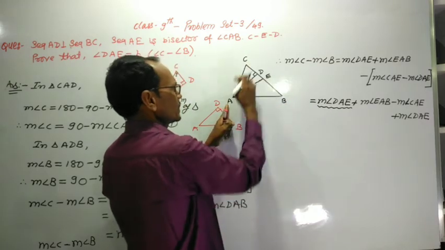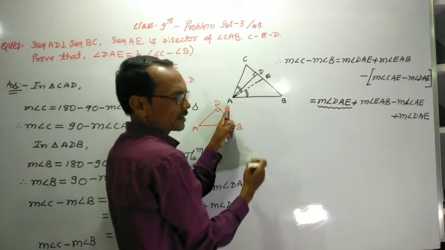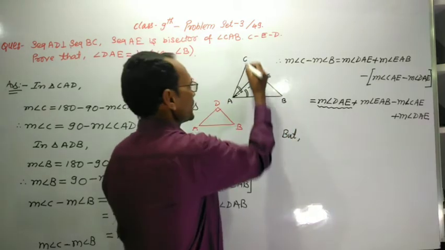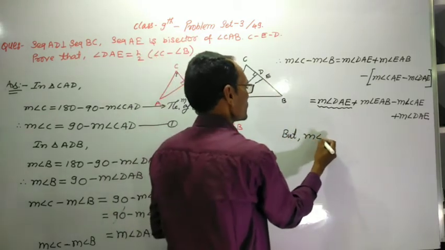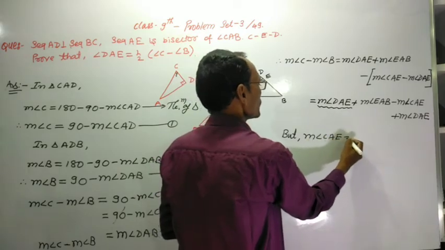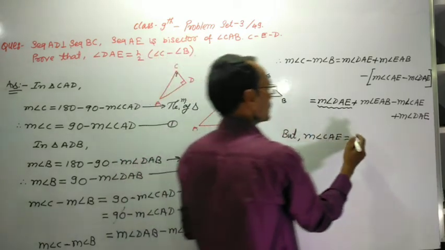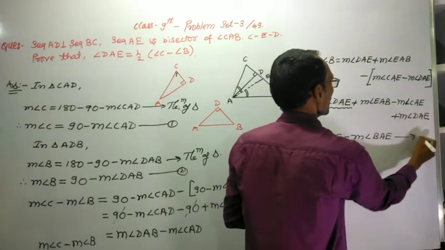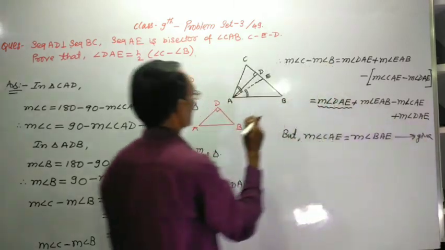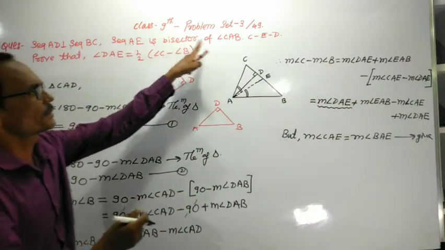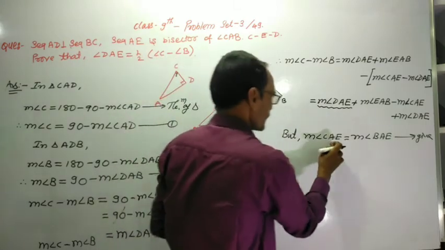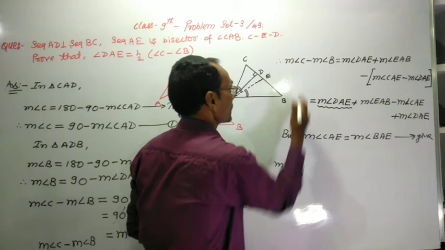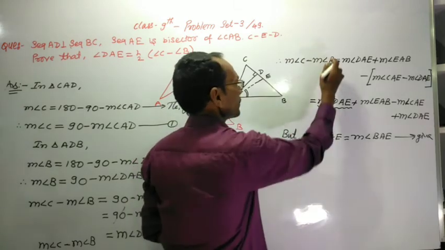EAB is equal to CAE, because AE is a bisector. Therefore, measure of CAE equal to measure of DAE, and this is given, we are given that AE is the bisector of CAB.